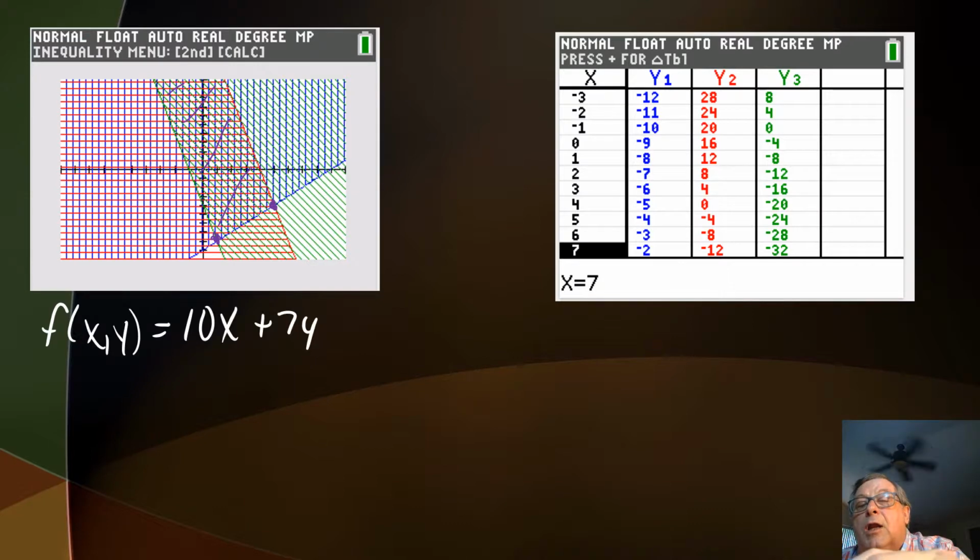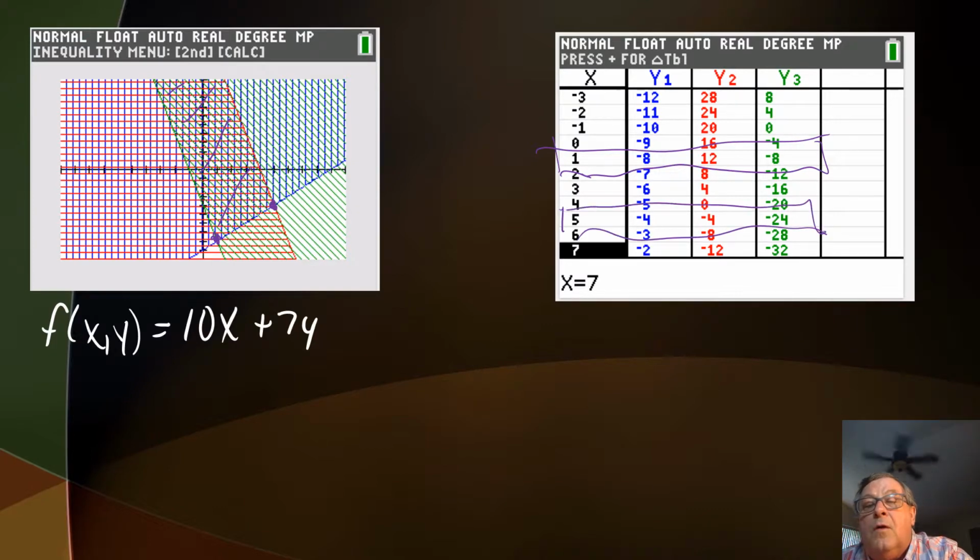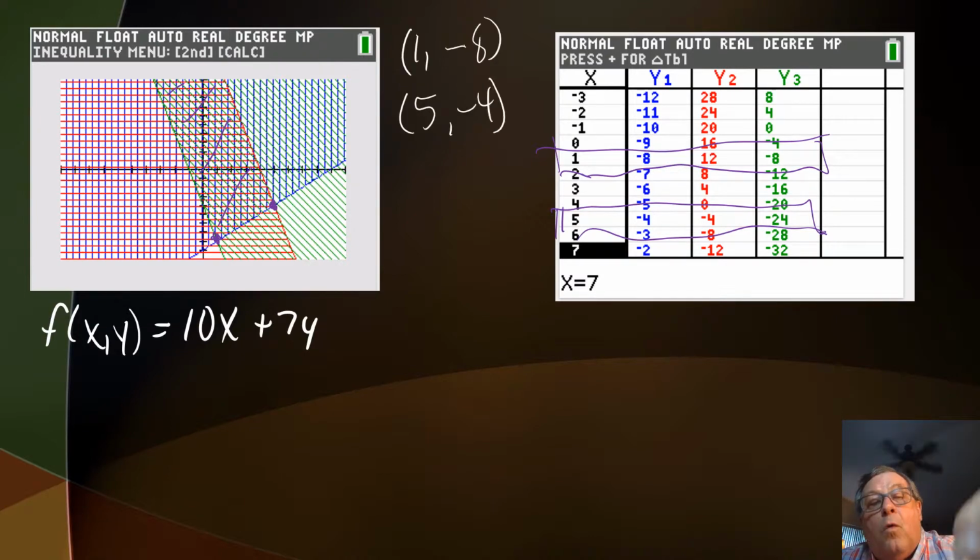When I look at my table, I see that when x is 1, I have two y values that are the same, which is negative 8, and when x is 5, I also have two y values that are the same, in this case negative 4. So my vertices are 1, negative 8 and 5, negative 4.